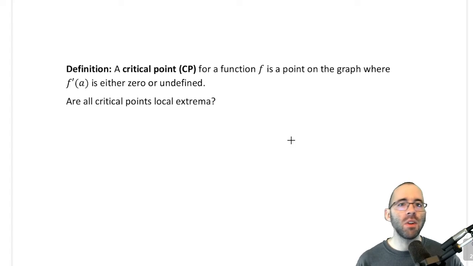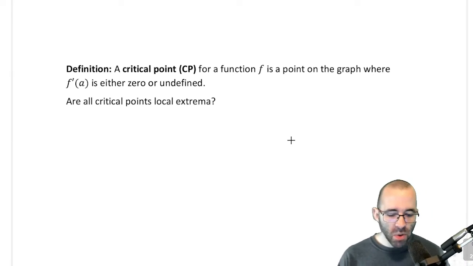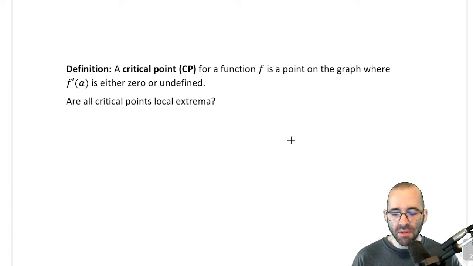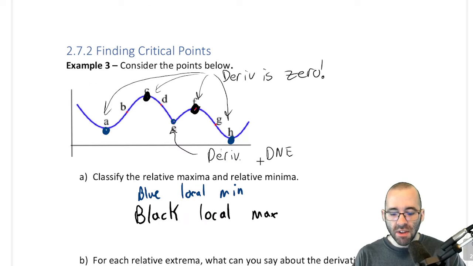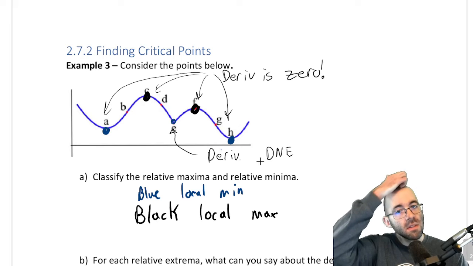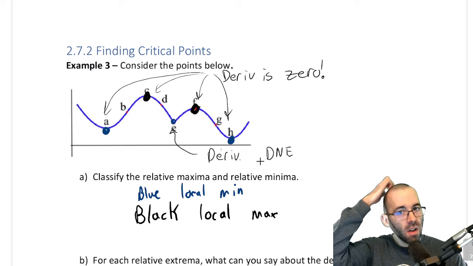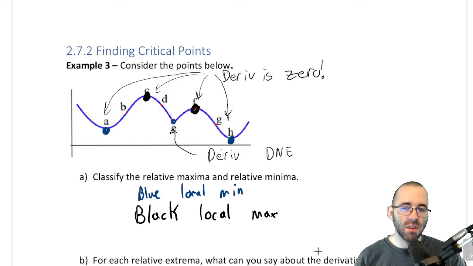Critical points are basically going to be candidates for local extrema. A critical point for a function is a point on the graph where the derivative is either 0 or undefined, okay? So that's what we want to look for, 0 or undefined. All the ones that we've pointed arrows to are critical points.